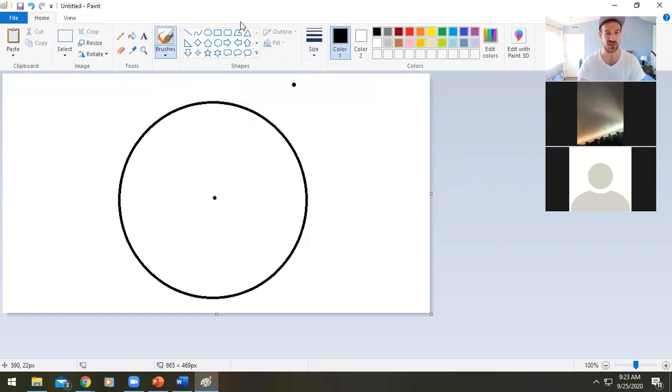Okay, so here's this, and then I'm going to make a really thin line here. Okay, so there's the perfect center of the circle, right?